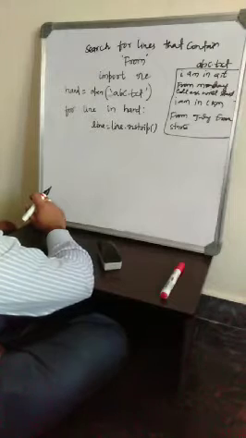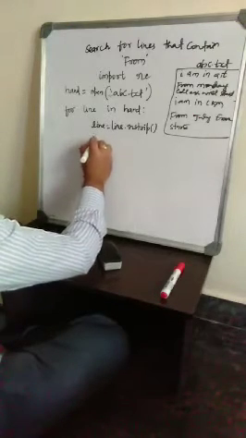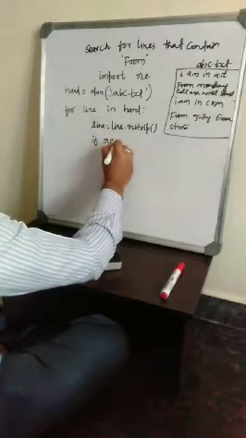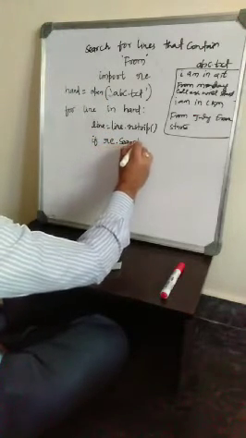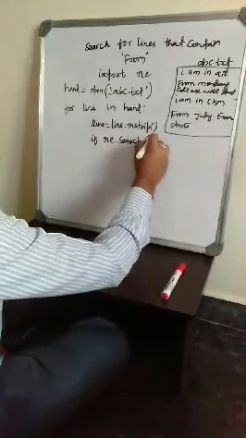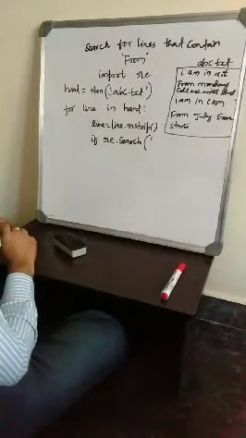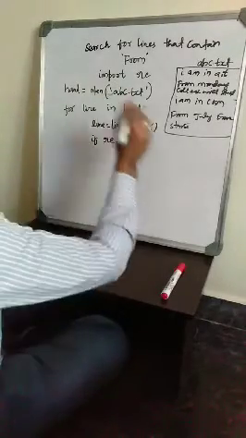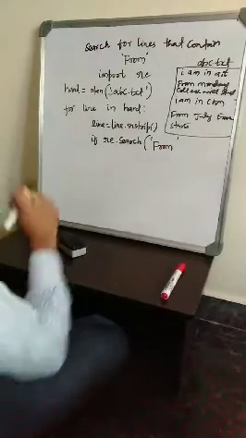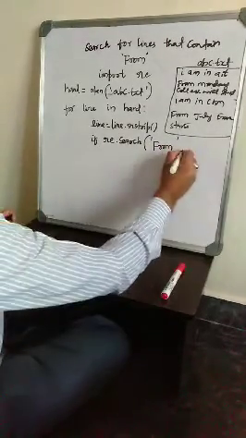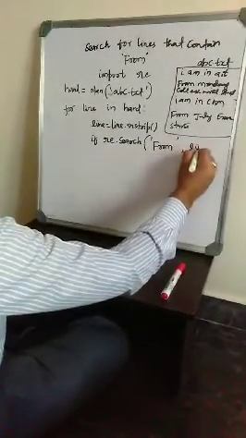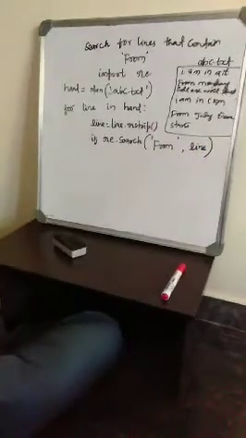Next, I need to search. So I will make use of here if. Okay. I will say here re, that is the imported library, re.search. So I need to go on extracting the lines which contain "from". So here I have to give re.search, and then I have to give "from", and then a particular variable that is called line, right?